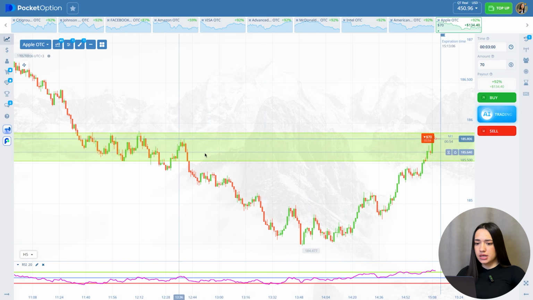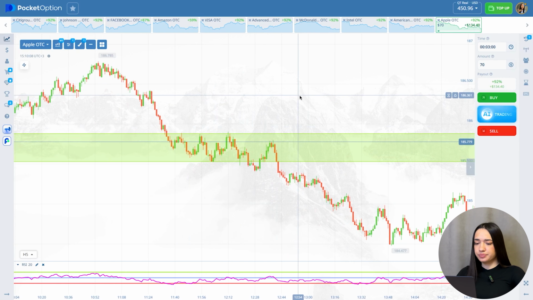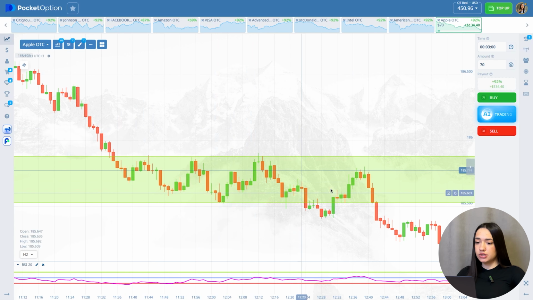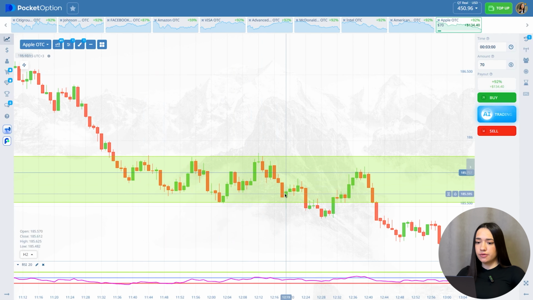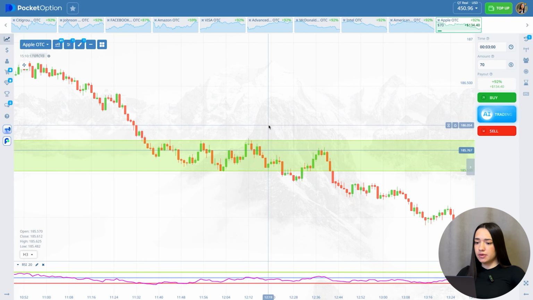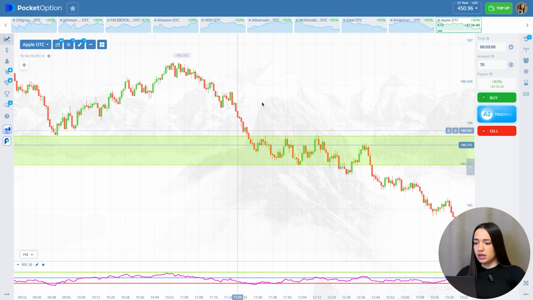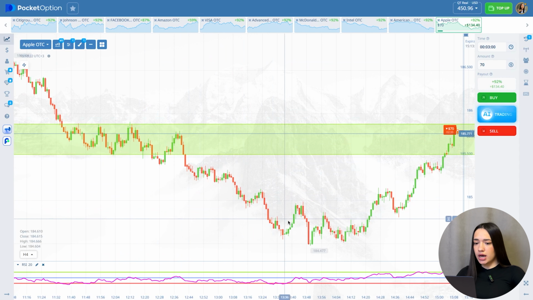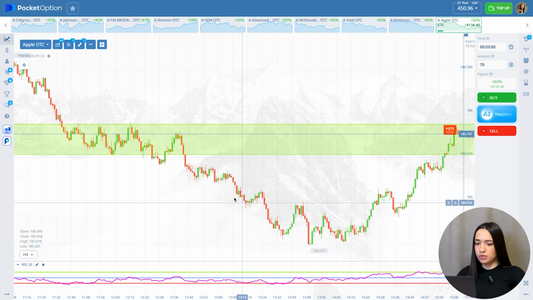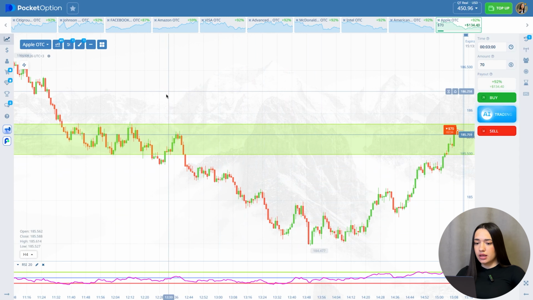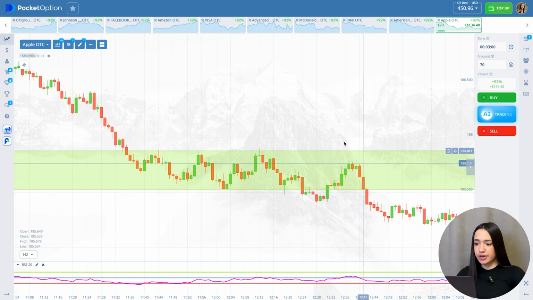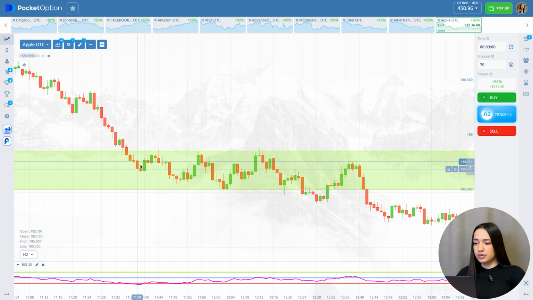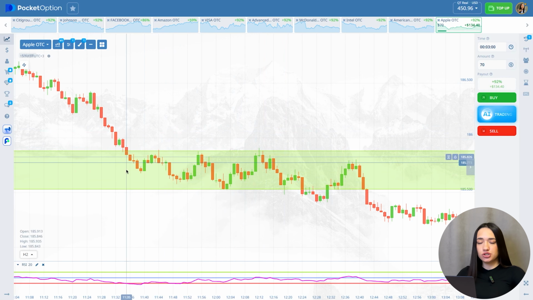Well, in this green rectangle, you need to pay attention to this part of the movement. As you can see, there was no clearly defined trend here, unlike the previous move. And after that, we had a clearly defined downtrend. This indicates that there was a large amount of trading activity, a battle between buyers and sellers, which formed a kind of ranging movement.